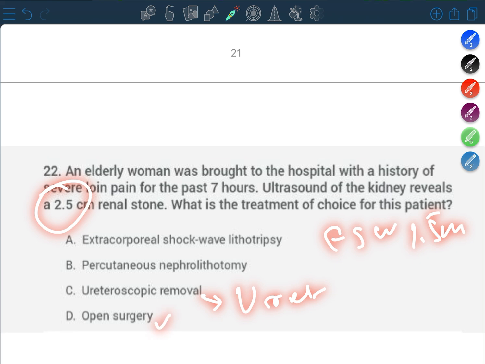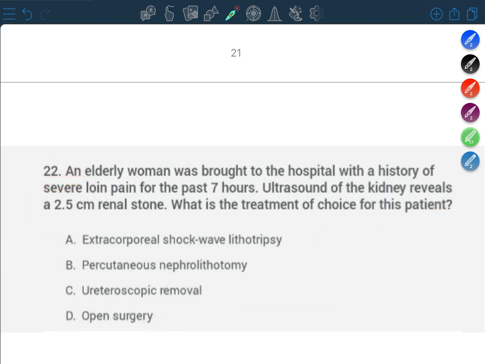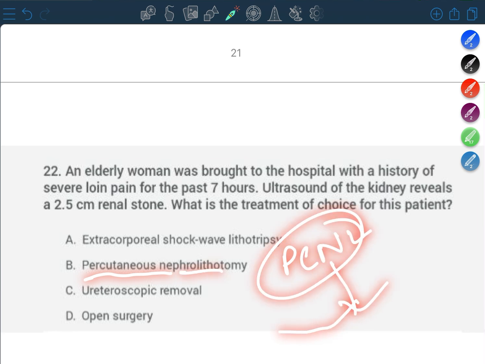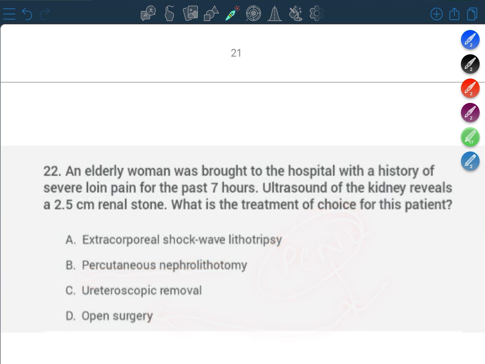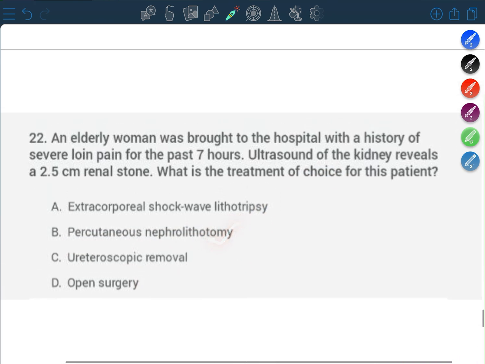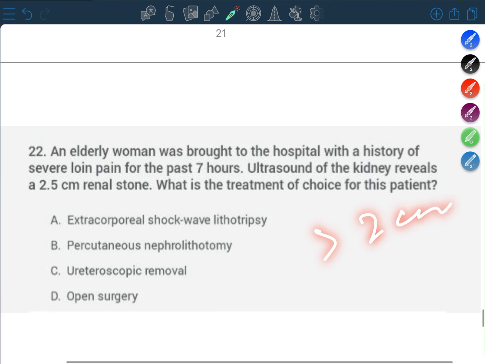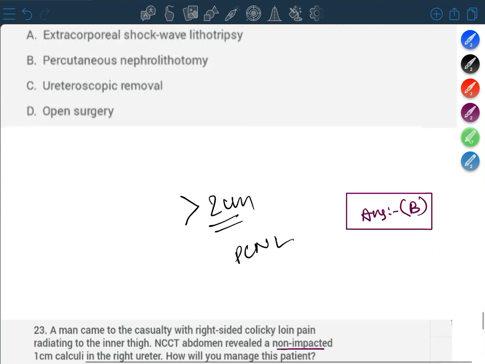Open surgery, no. PCNL, percutaneous nephrolithotomy. If this fails, we go on to open surgery, but first we will try PCNL for more than 2 centimeters. Answer is B.